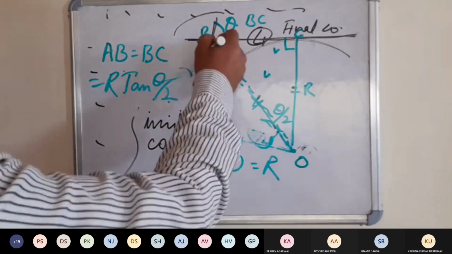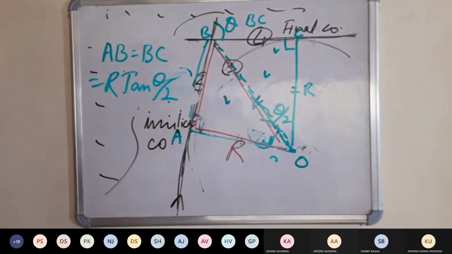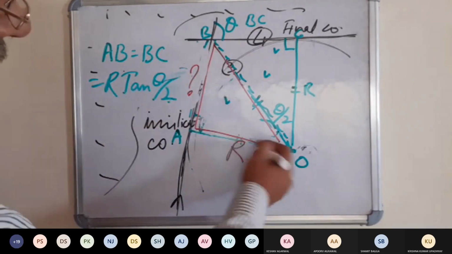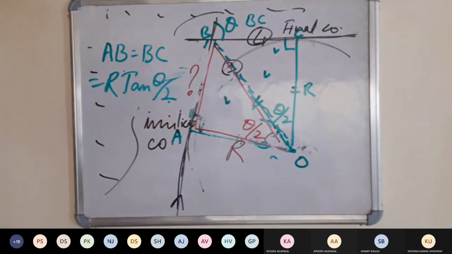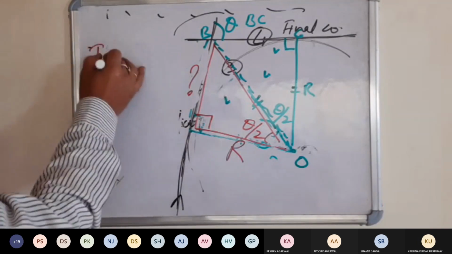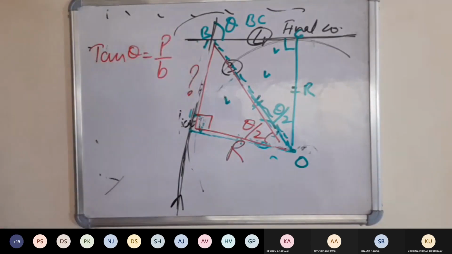Do we have this triangle? Is this R? Is this what we want to find out? Is this angle theta by 2? इसमें कोई दिक्कत आपको? No sir. This is a right angle triangle. So tan theta is equal to perpendicular by base.